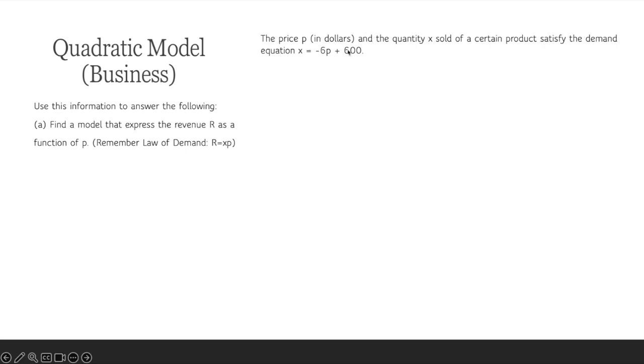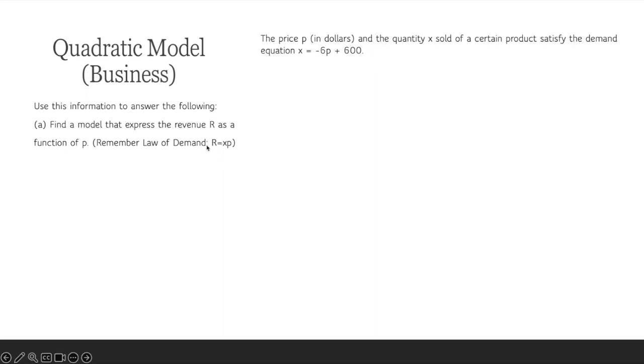You're going to use this information here and find the model for the revenue as a function of P, the price. Another concept that you must know is the law of demand. What is the revenue? Revenue is calculated by the amount of product that you sell times the price per each one. When you multiply those two numbers, you get how much money enters your business.